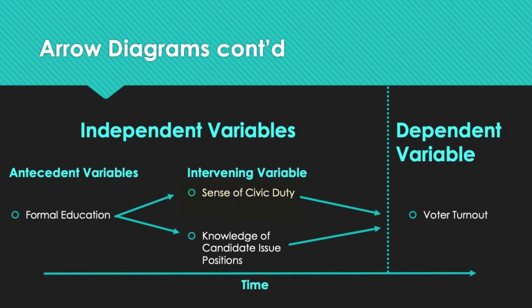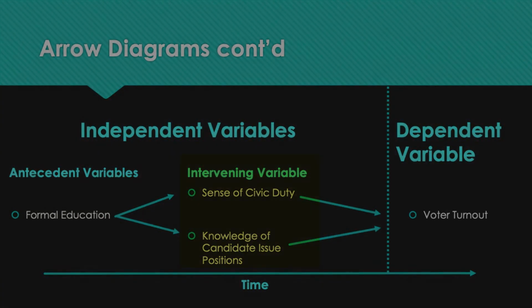Sometimes we can even have multiple intervening variables. We might think that the amount of political knowledge you have will also make you more likely to vote, but political knowledge is also influenced by your years of education, right? So in this case, we have two intervening variables.